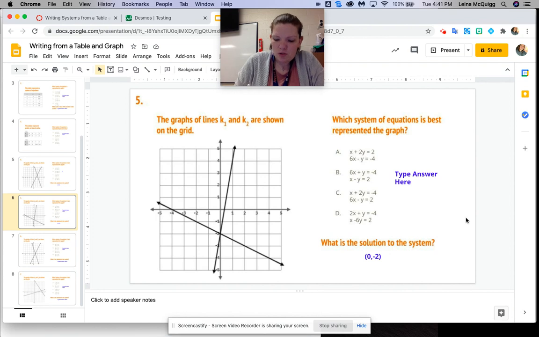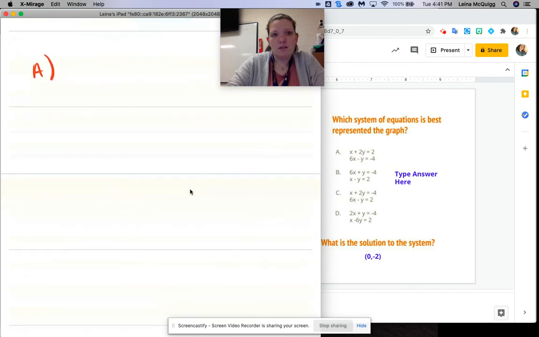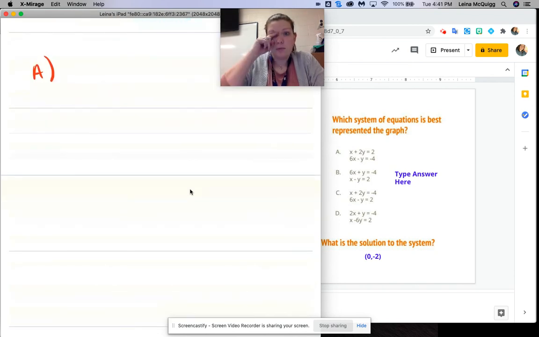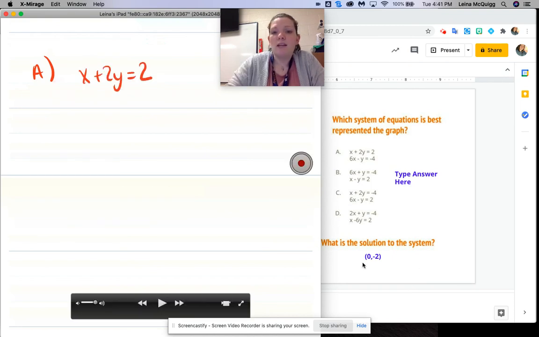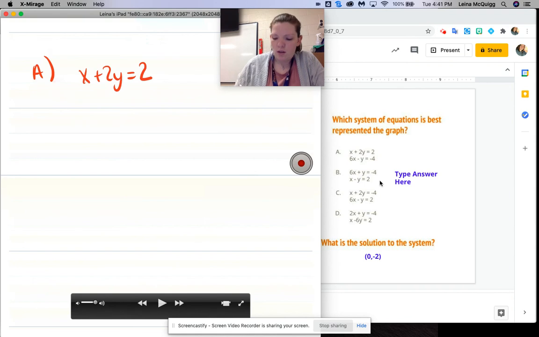So I'm going to show you what I mean. I'm going to take my answer choices from A. So we have x plus 2y equals 2. I'm going to use the x and the y from my solution, because if this is the solution, then it should work for this equation.